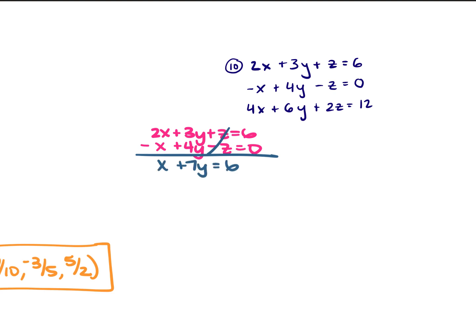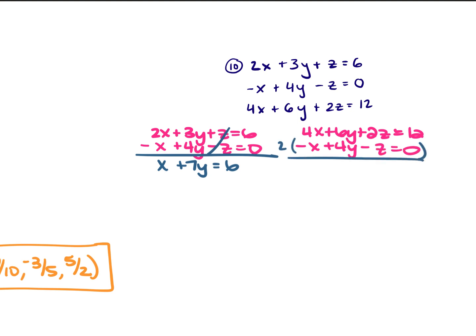I'm then going to use that bottom equation with the middle equation to still eliminate z's. So we have 4x plus 6y plus 2z is equal to 12. And negative x plus 4y minus z is equal to 0. That bottom equation we're going to have to multiply by 2.